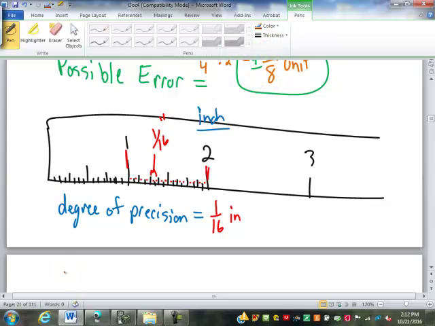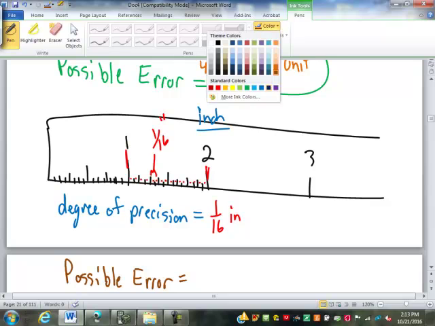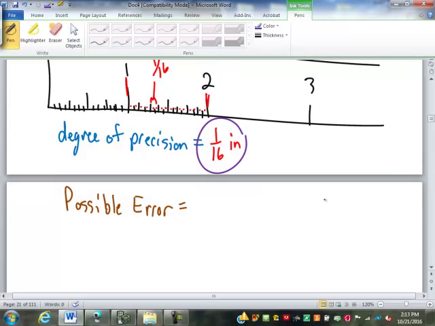So that means the possible error of this device is found by taking that degree of precision, that 1/16, and we can either divide by 2, or we can do 1/16 times 1/2. It works out the same.